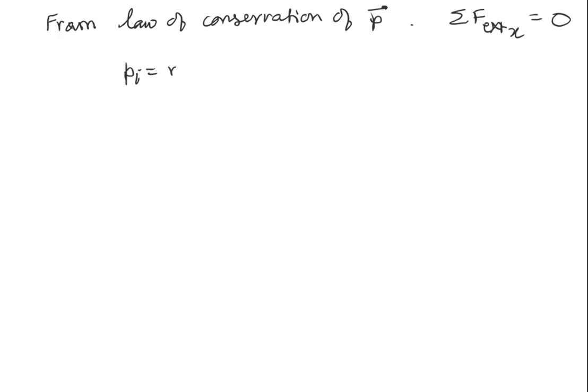Initial momentum is equal to m v naught plus 0. Final momentum is equal to m plus M into v, sorry. So we get v.